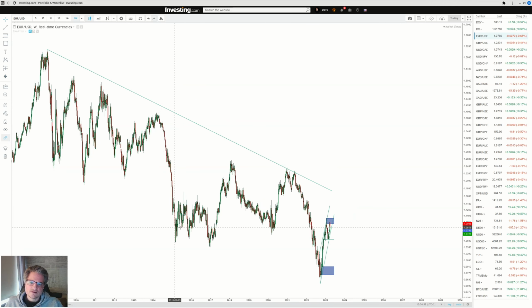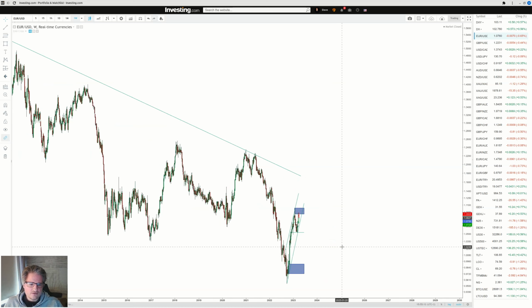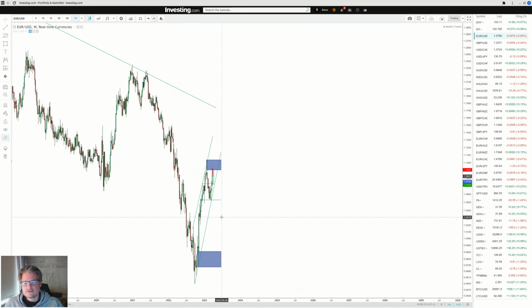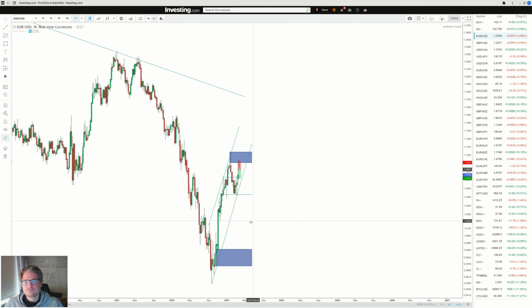Sometimes it went sideways, sometimes it went up, but all in all we can see a strong downtrend here, and we've been trending down since 2020, I believe, 2021, and now the euro has been going up. So we have this upward sloping channel on the Euro USD.